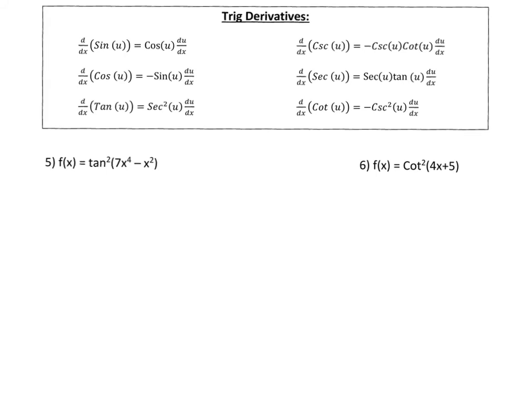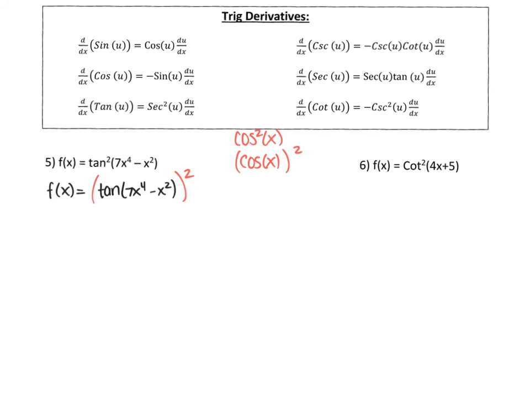So we have to understand that if I'm writing it as squared, it's the same thing as saying tangent of 7x to the 4th minus x squared, this whole thing squared, kind of like before when we did cos squared x, and we know that's the same thing as saying cosine of x, that whole thing squared.